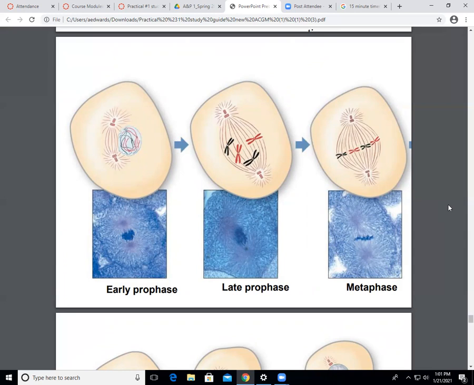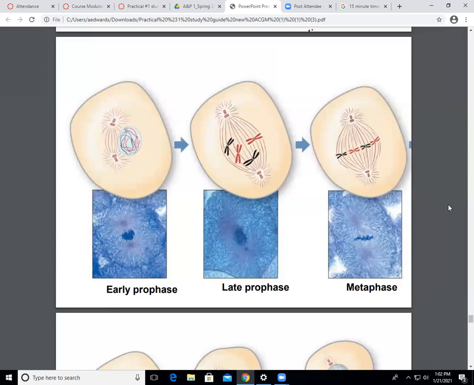You can see that on the slide here. Here you can still kind of see nuclear membrane, but the DNA is still spread out. Here, DNA is starting to get more compact and you can't see a nuclear membrane. But you can also see these centrioles on opposite sides.